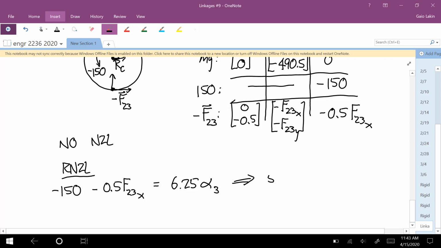And that gives us our fifth equation that says negative 0.5 F23x minus 6.25 alpha 3 is equal to 150.